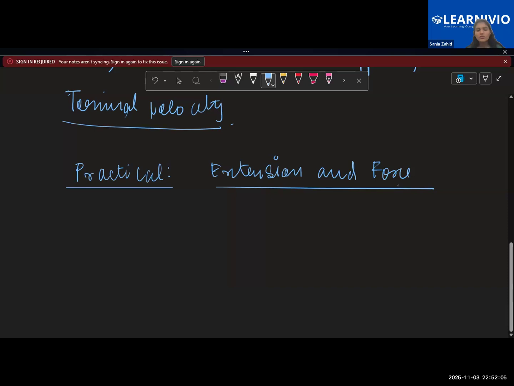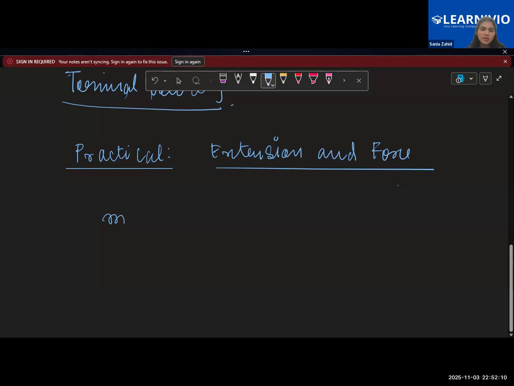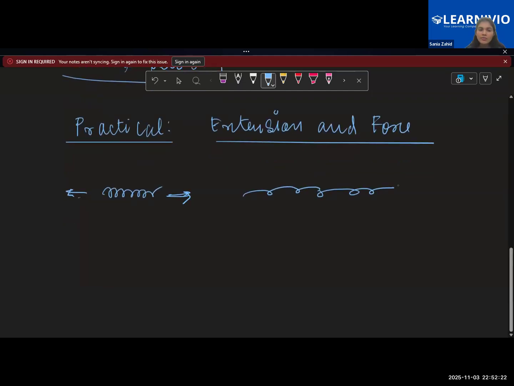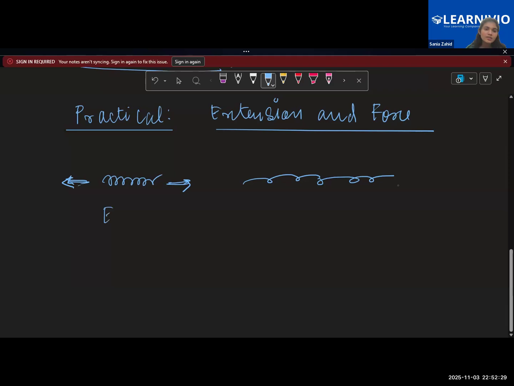So they are telling you that whenever force is applied to stretch a spring or rubber band, what happens? Let's suppose this is a rubber band or a string, and force is applied on both of its ends. What will happen? It will extend. I am applying force at this end and at this end, so it extends, right? So the extension increases with force.